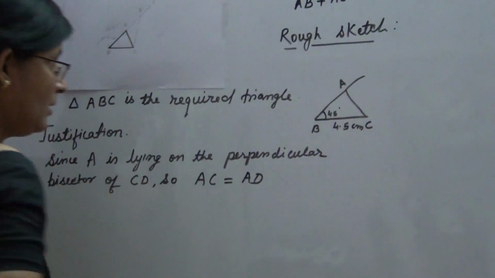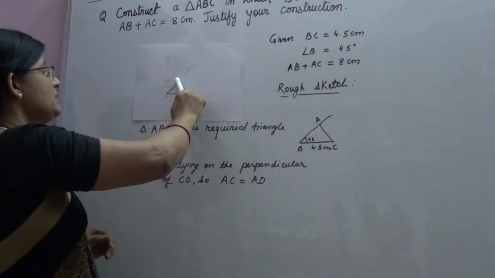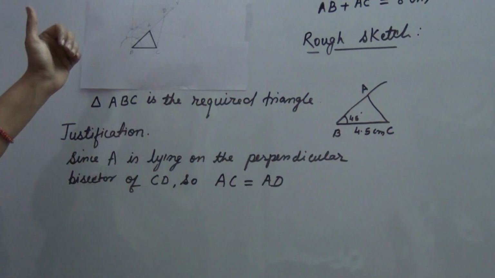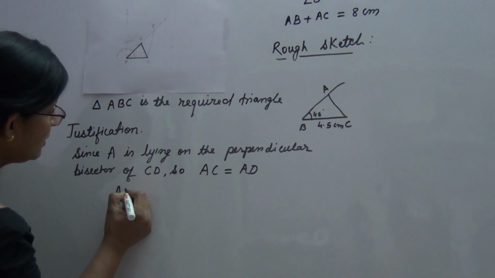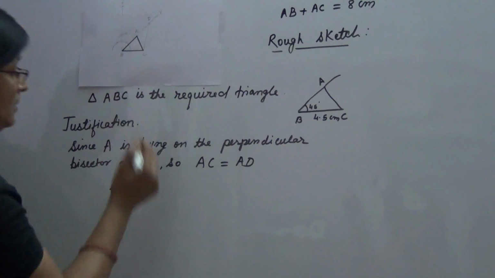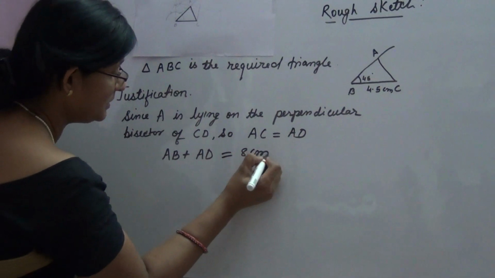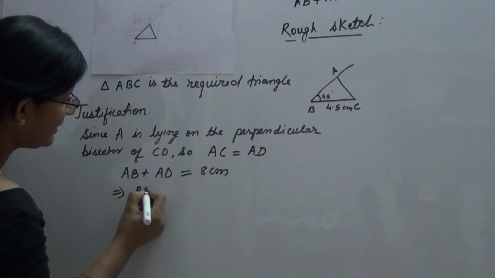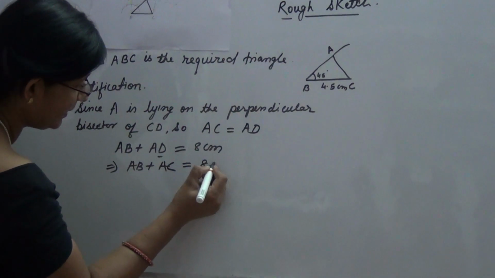AC is equal to AD, because we know that any point lying on the perpendicular bisector is always equidistant from the end points. That's why AC is equal to AD. Now what we have, AB plus AD is equal to 8 centimeter, which we have taken on this line. This implies that AB plus AC is also equal to 8 centimeter.